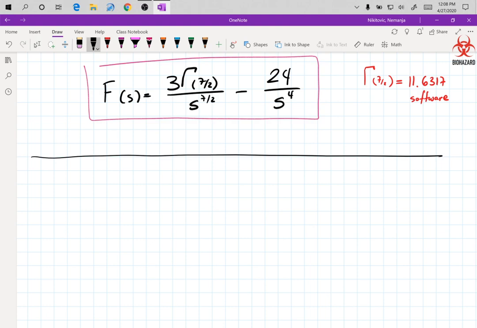Now I wanted to do another problem with trig. So we have problem 16, where f of t is equal to sine 2t plus cosine 2t.